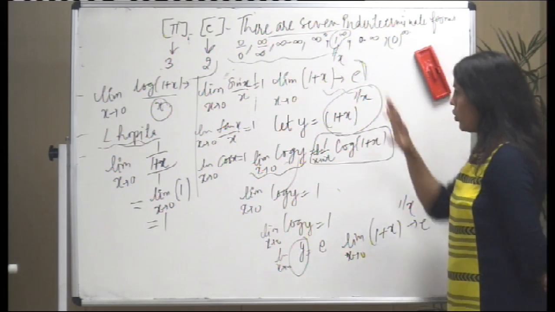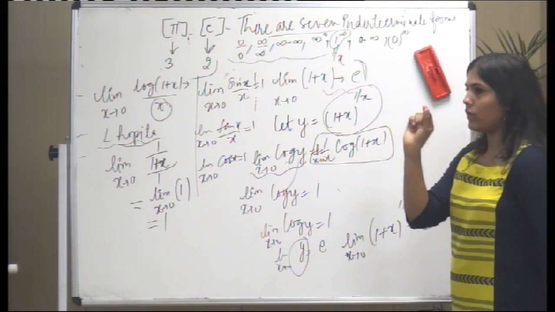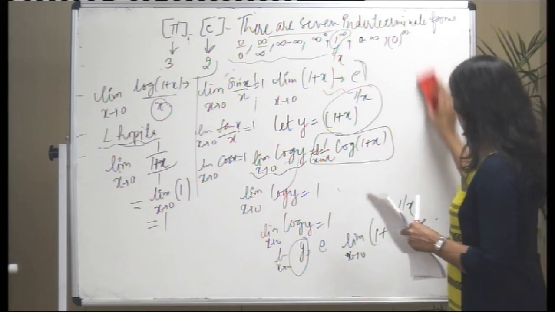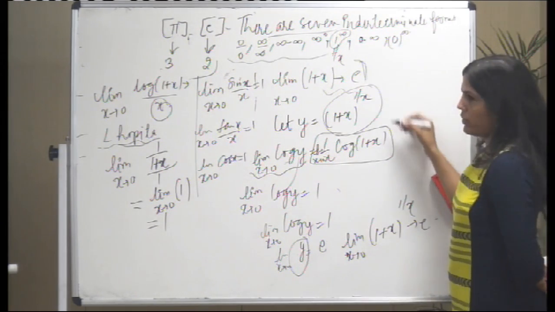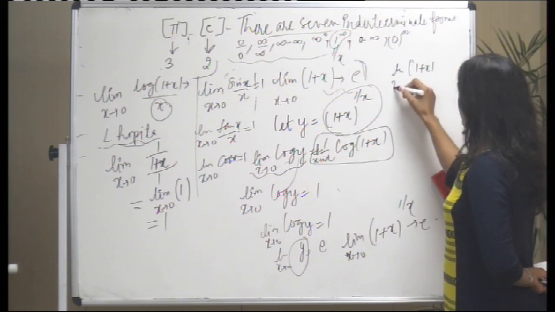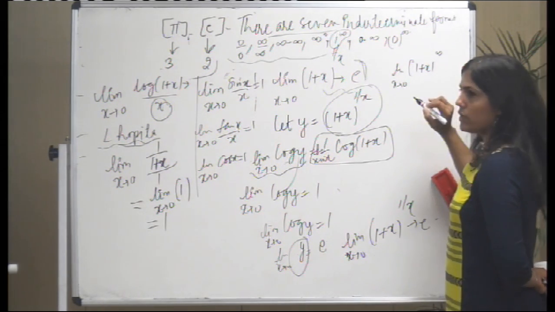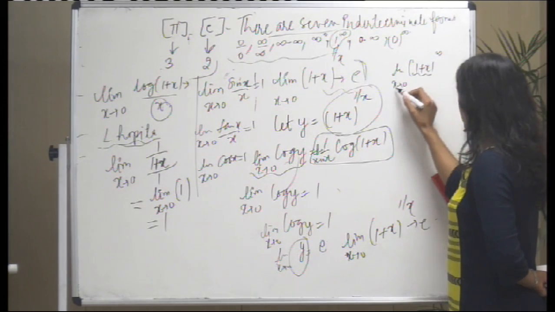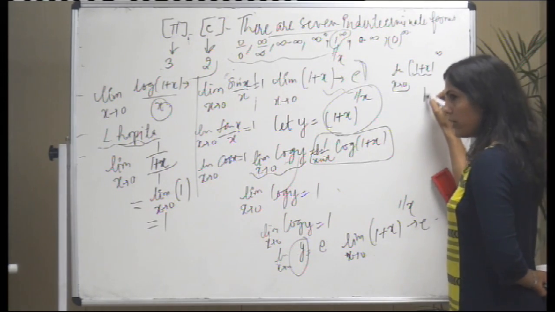If anyhow in a question you get exactly 1, suppose you are solving one question and when you substitute the value, suppose x equal to 0, the power is infinity. So somehow, because x equal to 0, you are getting exactly 1.